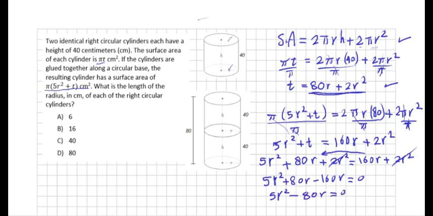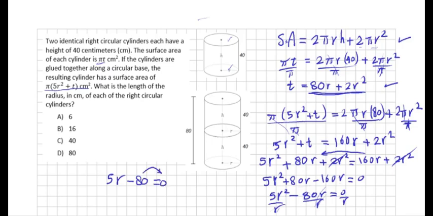When we divide all the terms by r, we get this simple equation: 5r minus 80 equals 0, because the r's cancel, and 0 over anything is still 0.